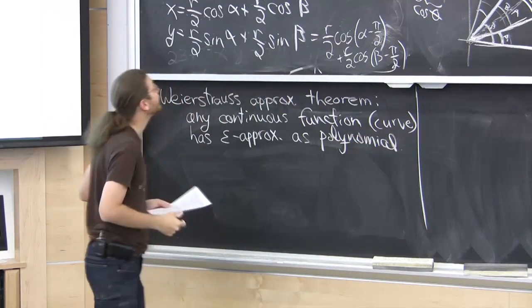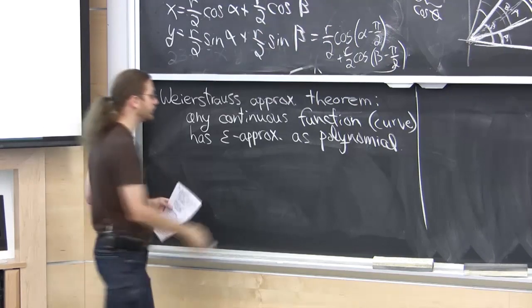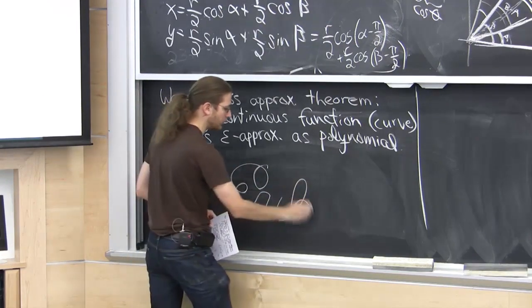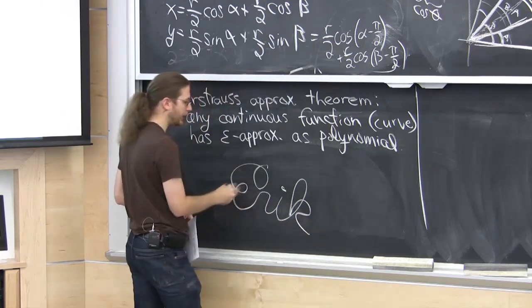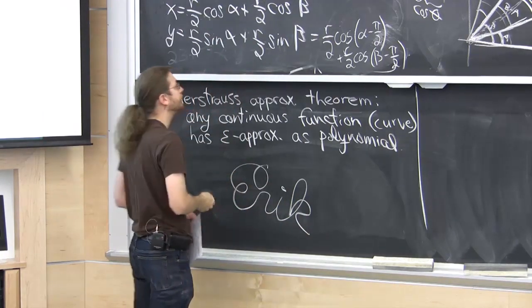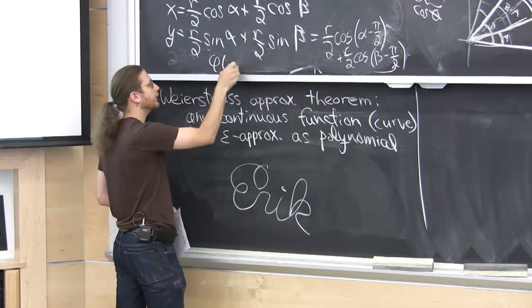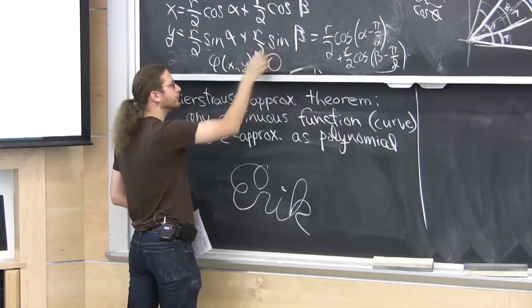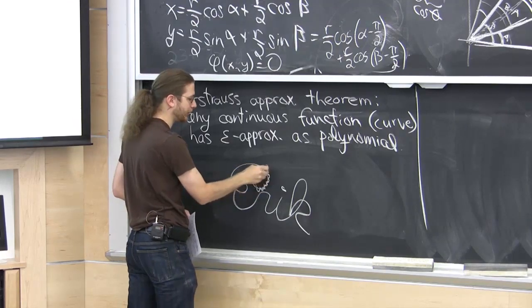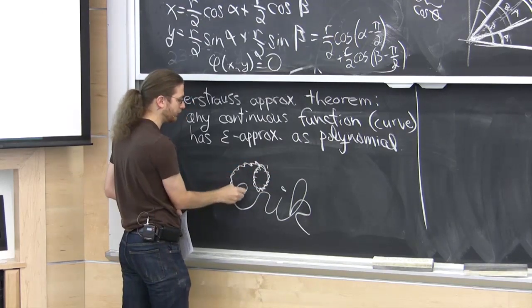Okay, so in particular, what this tells us is if we have some crazy curve we want to make, like a signature, then you can approximate it by a polynomial of the form that we analyzed, this phi of x y equals 0. And the polynomial will actually look like this. It's a little bit ugly if you've ever seen these constructions.